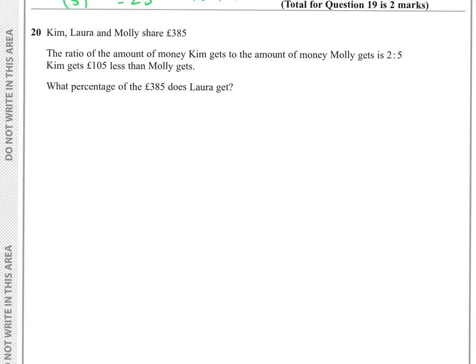Question 20. Kim, Laura and Molly share £385. The ratio of money Kim gets to the amount of money Molly gets is 2 to 5. So here's one method that a student of mine did. They said that Kim had 2 parts, Laura had x parts, and Molly had 5.